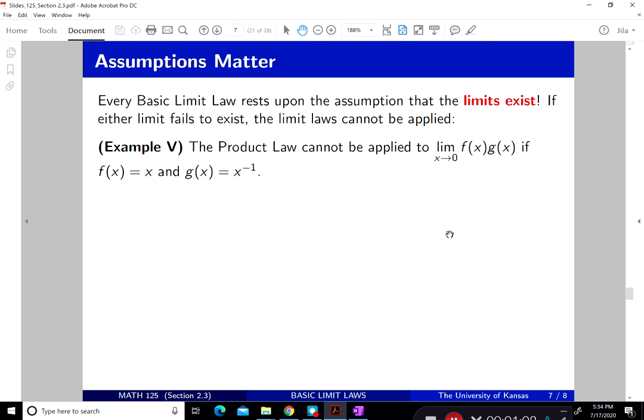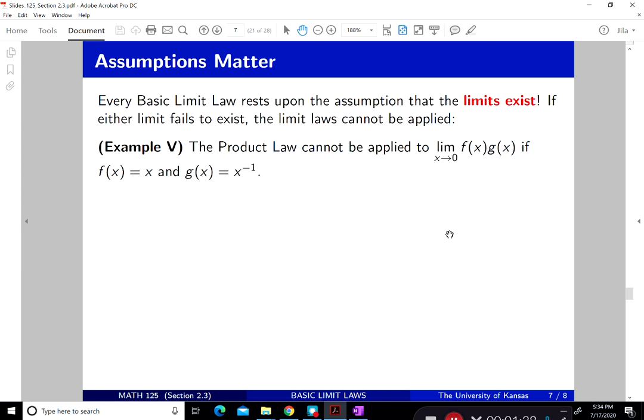The product law cannot be applied to the limit of f of x times g of x if f of x is equal to x and g of x is equal to 1 over x, the reciprocal of x. Because if I apply the product law, I get the limit of f of x as x approaches 0 times the limit of g of x as x approaches 0, and the second one doesn't exist, so the entire limit should not exist.